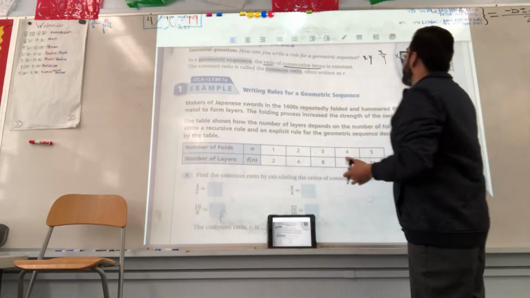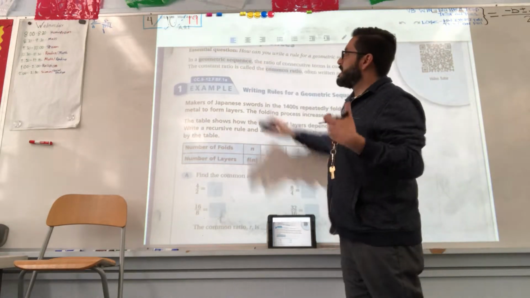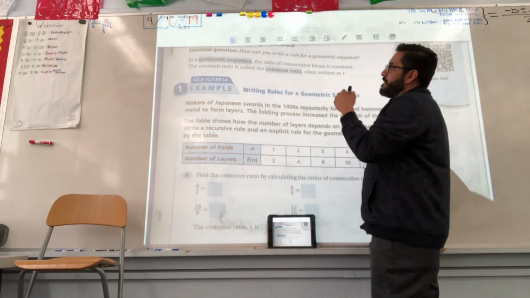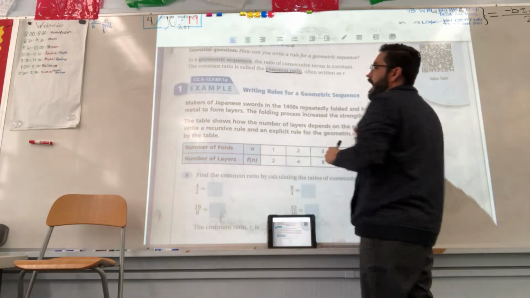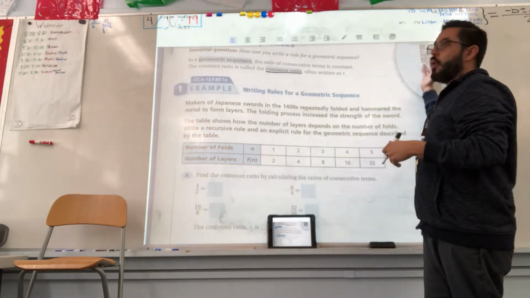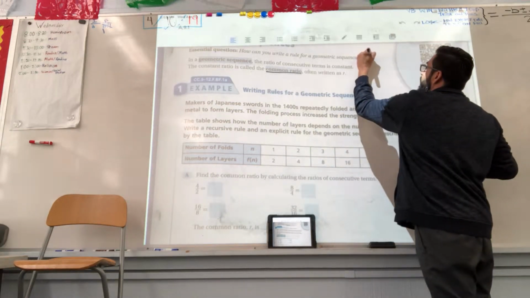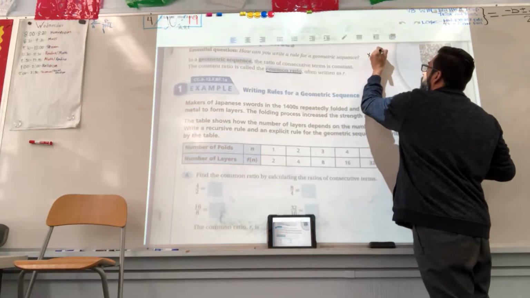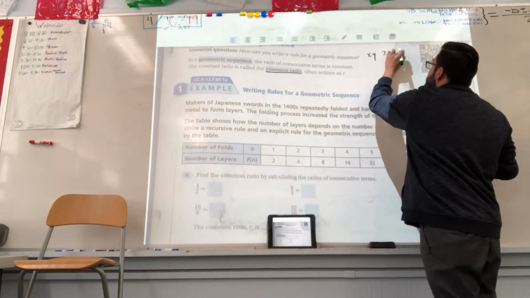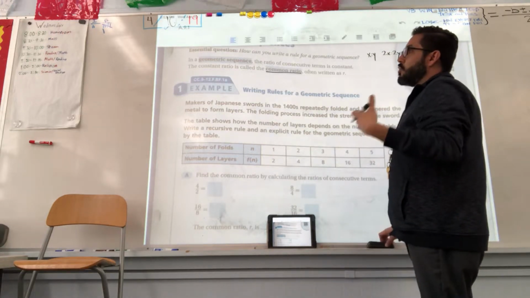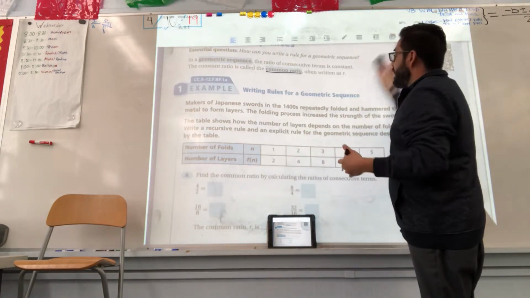So it's just a ratio of consecutive terms, and we'll see what that means. The constant ratio is called the common ratio: how much is everything growing by? If we had x to y, and then we had 2x to 2y, we want to see how much everything is growing, what that constant ratio is, all right?